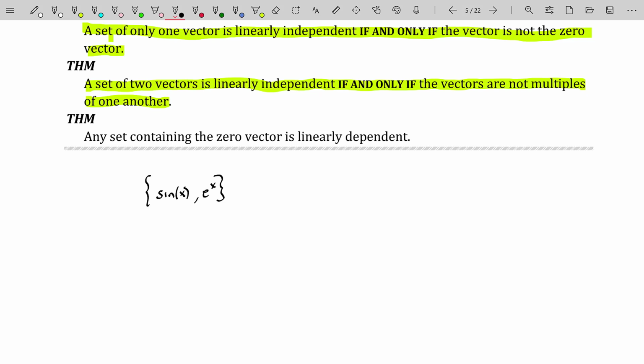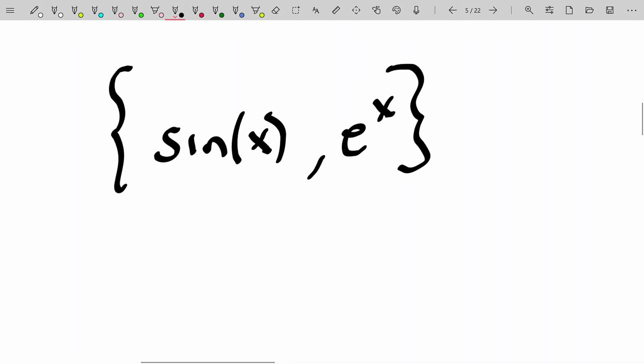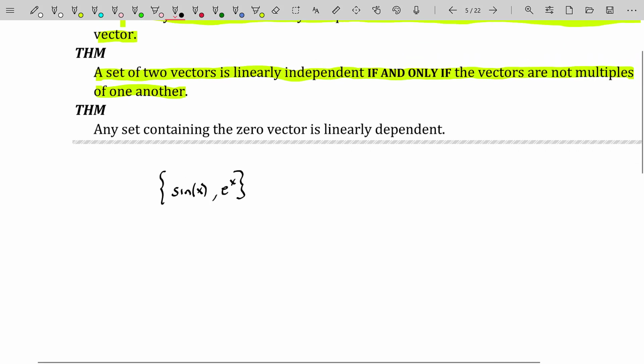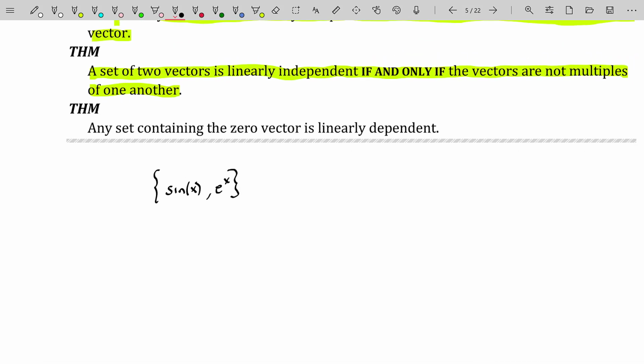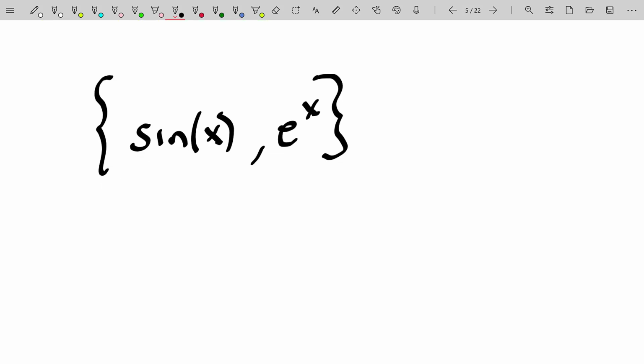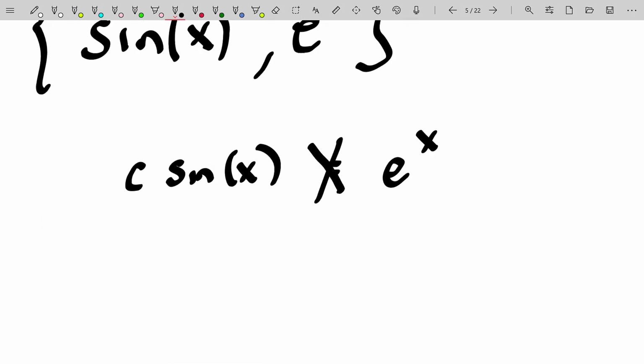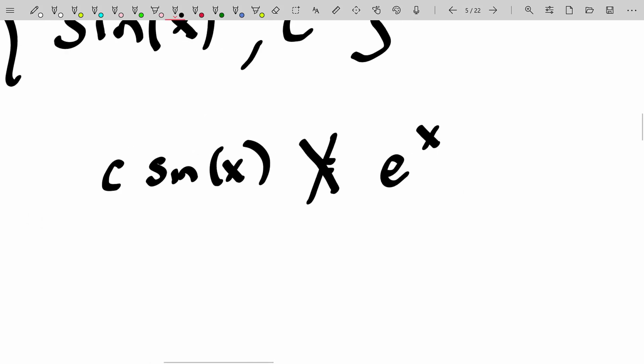And if I said, is this set of vectors a linearly independent set or a linearly dependent set? You would say, well, a set of two vectors is linearly independent if and only if the vectors are not multiples of each other. And I can tell you right now, there's no multiple of sine that I could do to become e to the x. Now I should say, by the way, there is a solution to that equation, but sine of x cannot, via a scalar multiple, become exactly like the function e to the x for all x values.